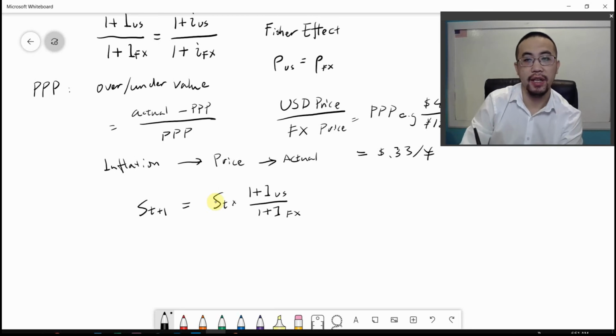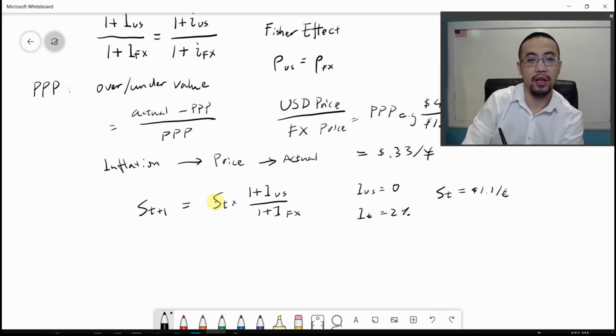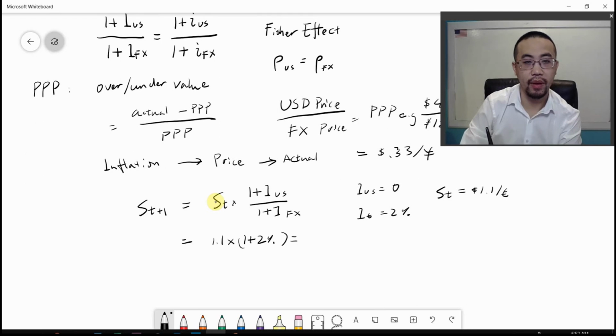For example, if US inflation is literally 0 and the euro inflation is 2%, and right now the euro rate is $1.1 per euro, then you can just put it in the equation, and your S(T+1) would be 1.1 times 1 plus 2%, which is about 1.122.